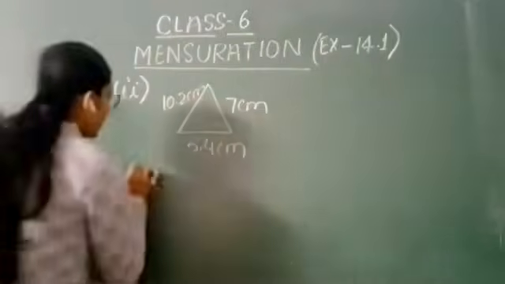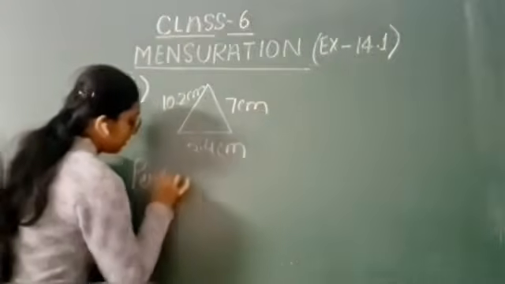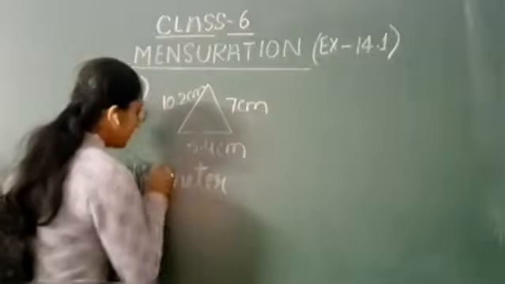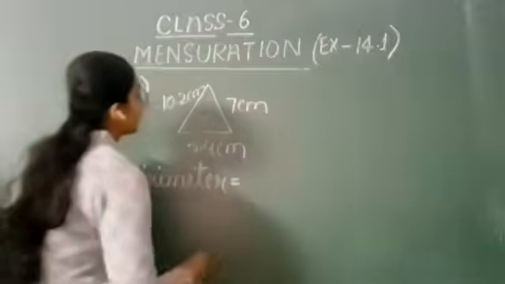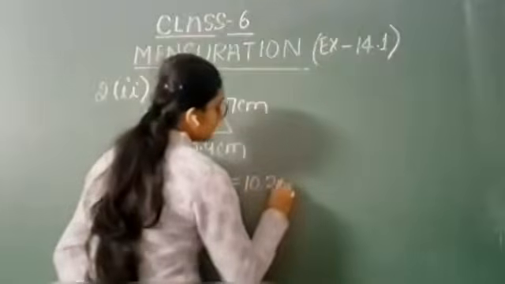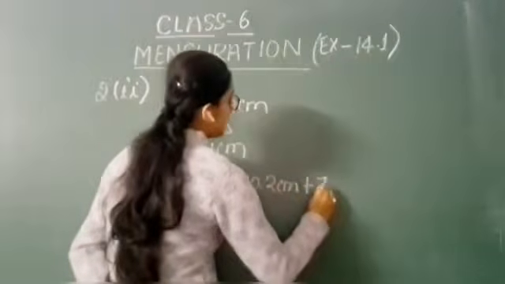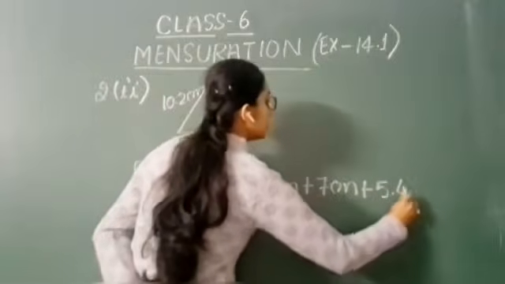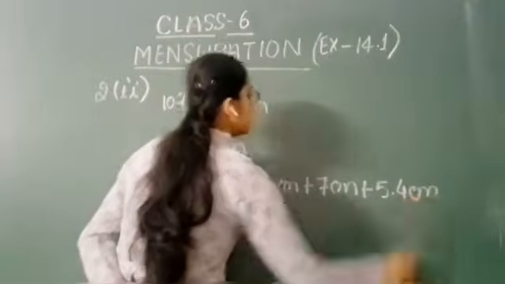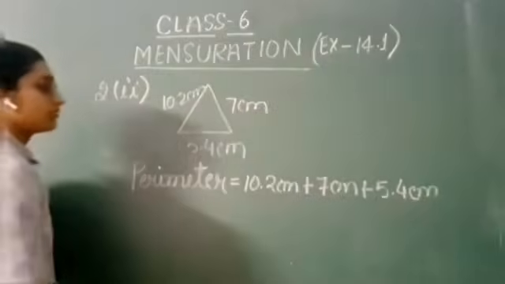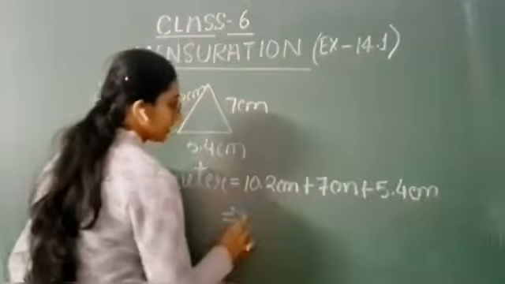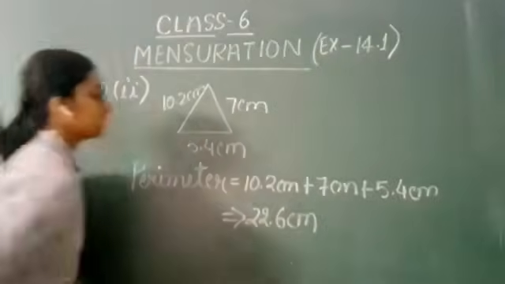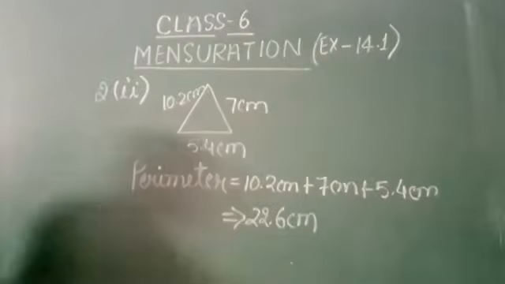Okay, so again, perimeter is equal to 10.2 cm plus 7 cm and 5.4 cm. Then we have to add, we will get 22.6 cm. Write it down.